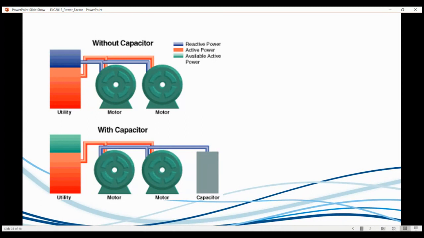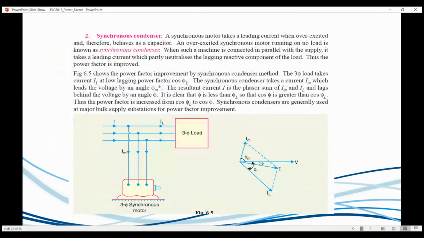Red will be active power, the rectangular block on the side supplying those motors, and we have reactive power, active power, and then when supplied to the capacitor, which is the green section now, the capacitor removes that from the load in a way, or provides it actually. Then we actually get an increase in more power to use. It's a bit of a strange diagram actually, I'm looking at it now.